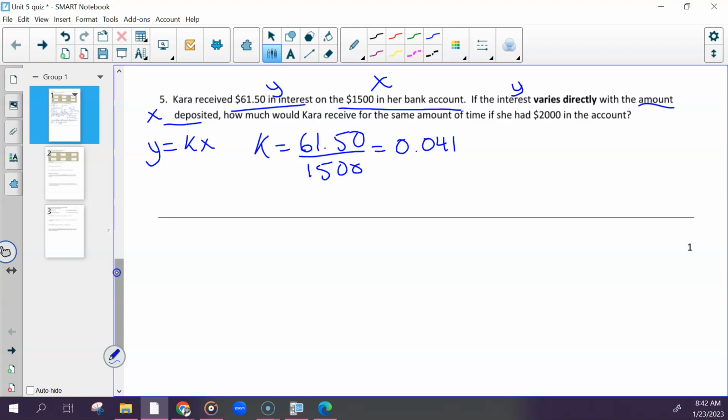Then use that to find whatever you're missing. We're looking for our y again. We're given x. So you would multiply those two numbers together to get 82.